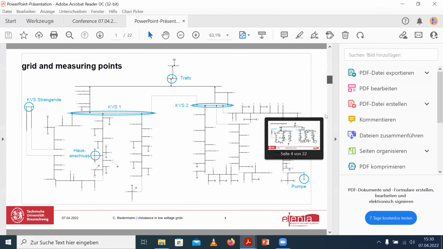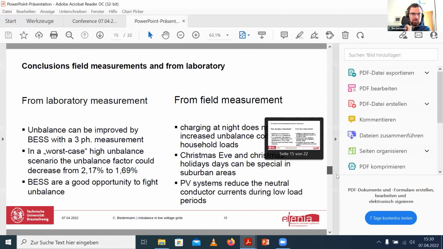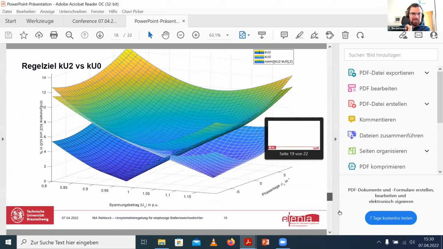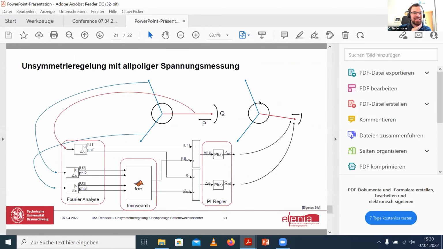I prepared a PDF as well, because this will work anyway. Here is the controller. And as expected, we have a low R/X ratio.